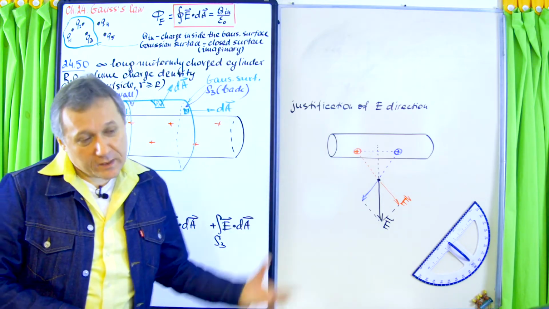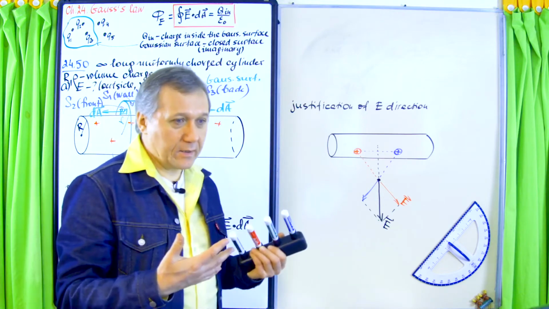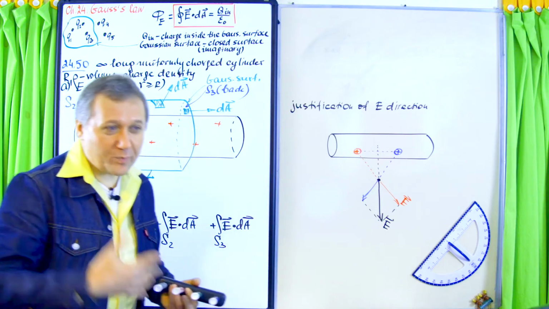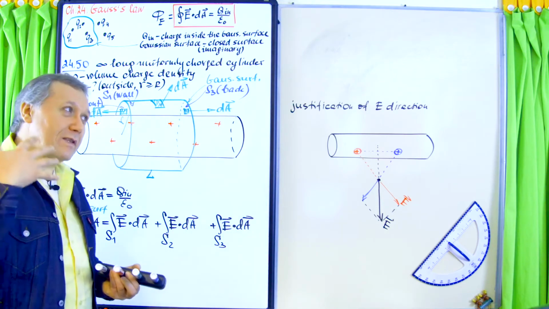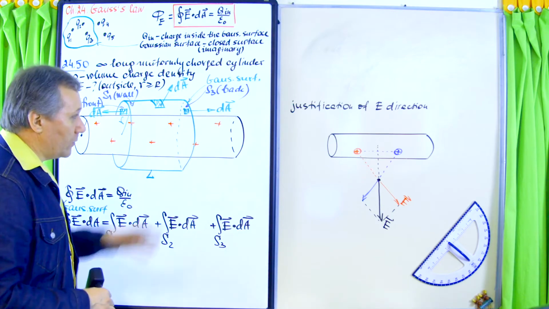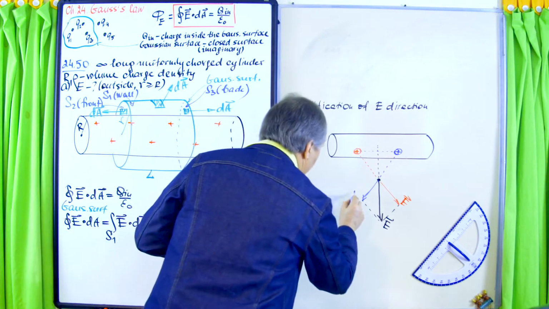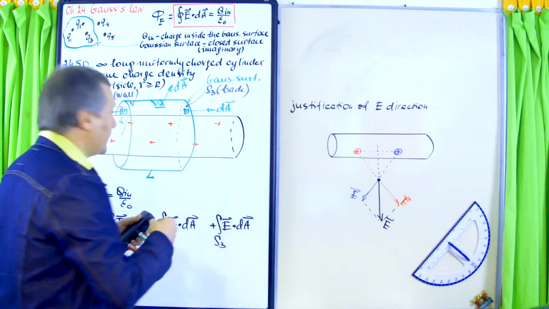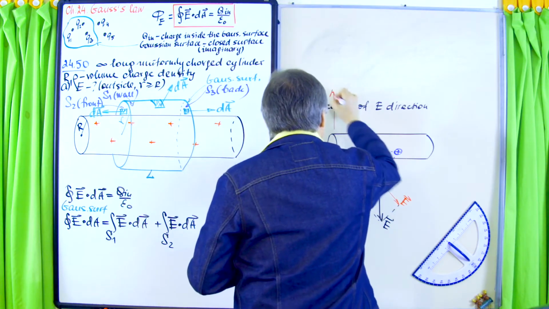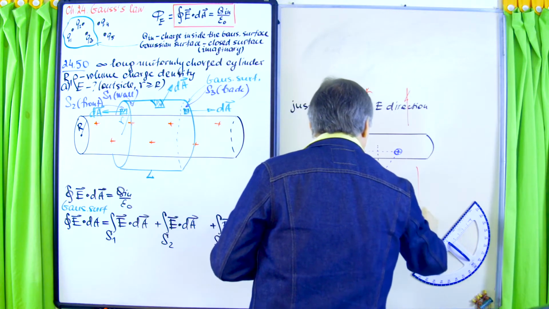So that's basically justification of what usually books say: because of the cylindrical symmetry, it's obvious that the electric field direction is radial. Right. Okay, so now I think that justification should be enough, right? And now I can draw. It means that basically electric field will be radial everywhere, something like this. I can draw everywhere.